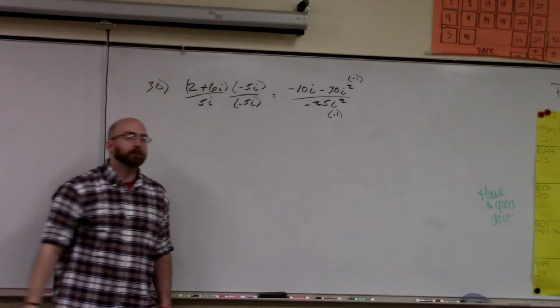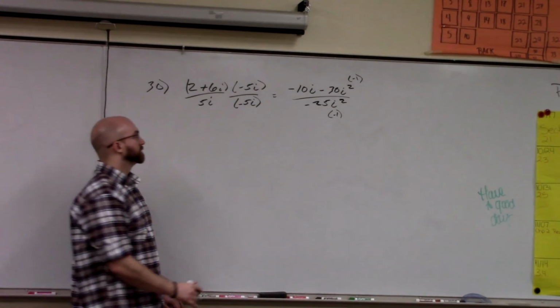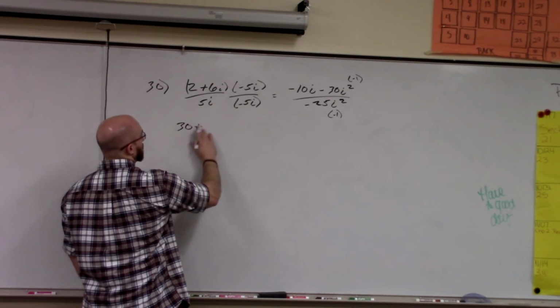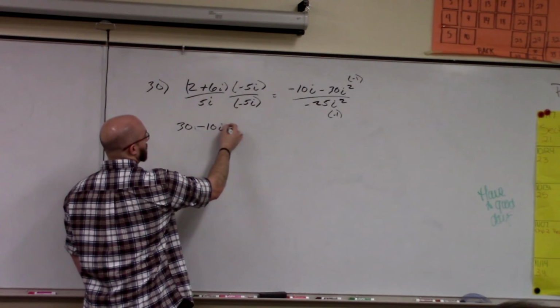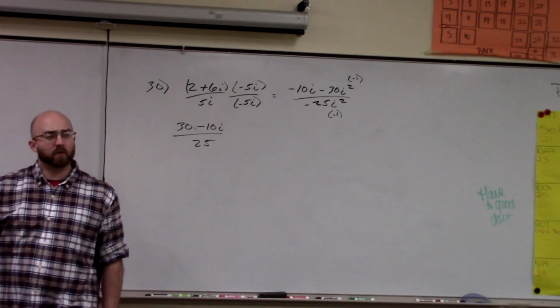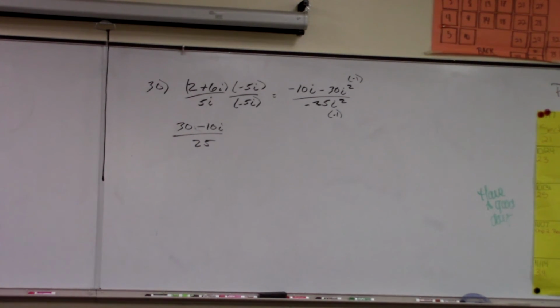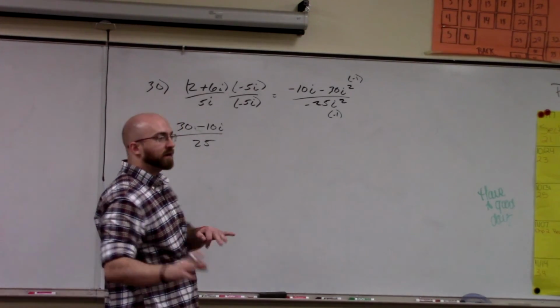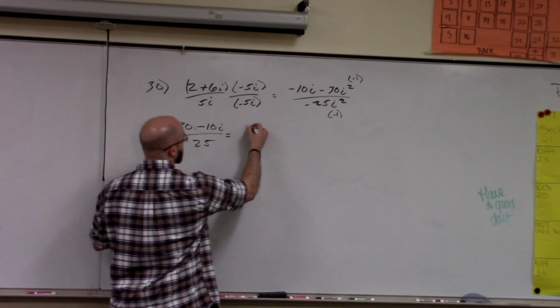So what do we get on top? Negative 10i plus 30. In standard form, the real number comes first. Are you done? No. Simplify.